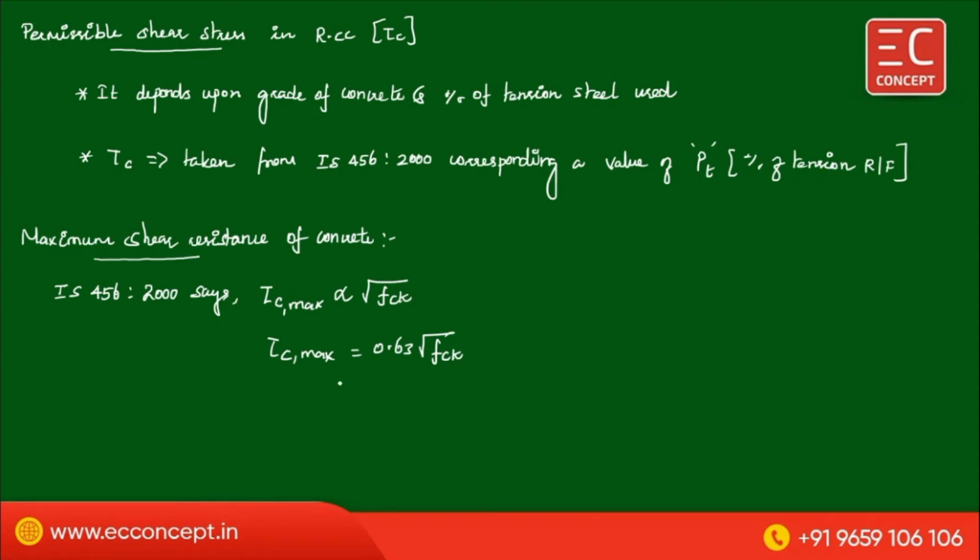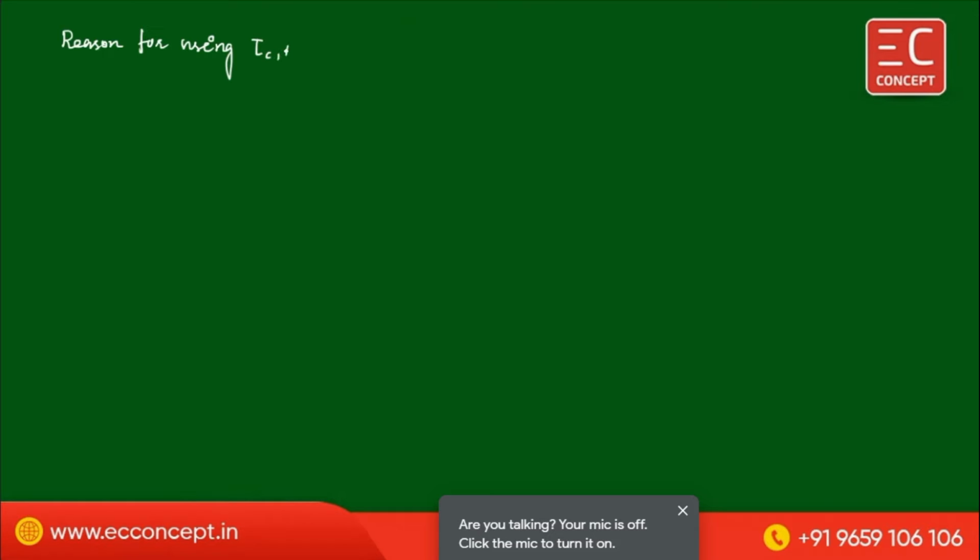So this is the value. This is very, very important. Tau c max. What is the reason for using this tau c max? The reason for using tau c max.